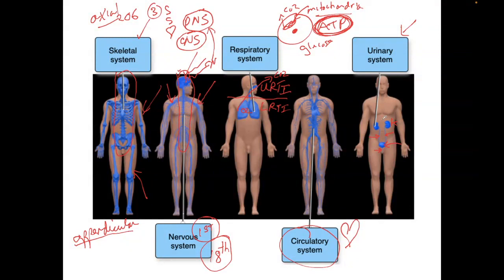We'll go over in detail its structures and function, but the urinary system is primarily involved in regulating pH of the body, getting rid of toxins in the body, and regulating blood pressure. Believe it or not, the heart is involved in controlling blood pressure. Okay, it produces hormones that help influence blood pressure.